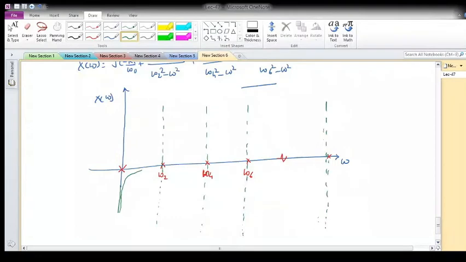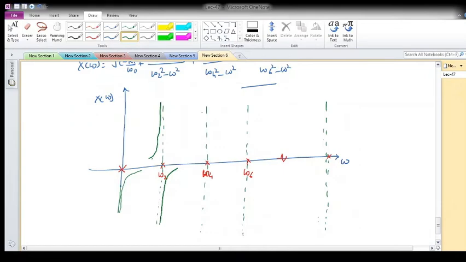Okay, now for omega 2, what is it? It will be infinite at omega equal to omega 2. So how will the sketch be? It will be positive when omega is less than omega 2, and negative when omega is greater than omega 2. So it will come like this.